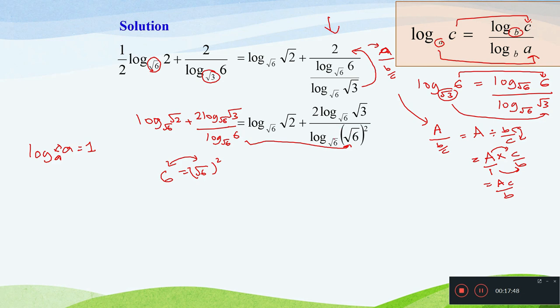Okay, but you can't just simply change this to 1. You have to make sure that the power is not there. Let's say this is power of m, then you have to bring m to the front.